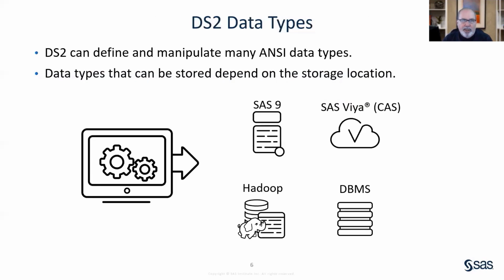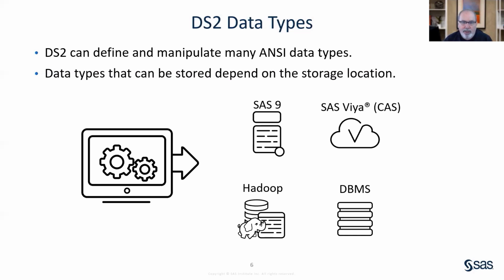The next thing we talk about is data types, and we said that DS2 could define and manipulate about 17 different ANSI data types straight up without any type of data conversion being required from the data source. This is true, and you can create those data types right in a DS2 data step also, but where you save the output or the result set to will control what you can actually write.